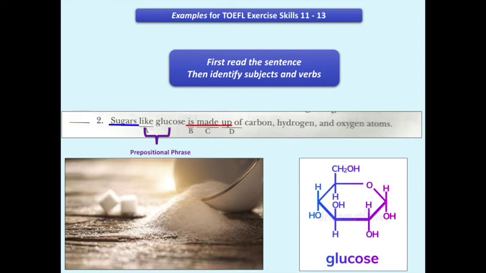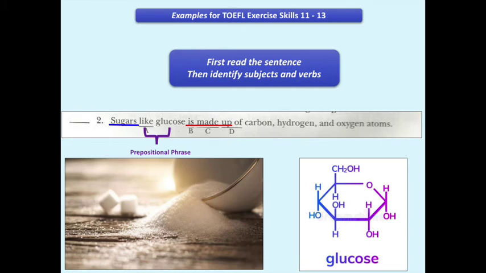Okay, so now you need to choose the letter of the word or group of words that is not correct. Let's look at the sentence. We have our subject and then a prepositional phrase and then the verb. Skill 11 is that the subject and the verb, when separated by a prepositional phrase, still need to match.